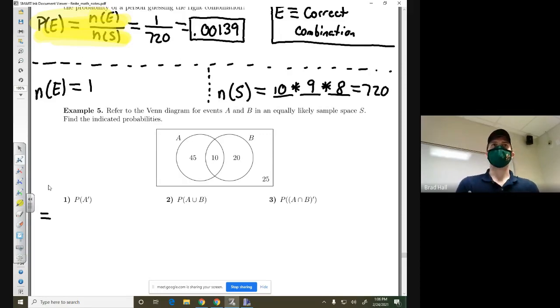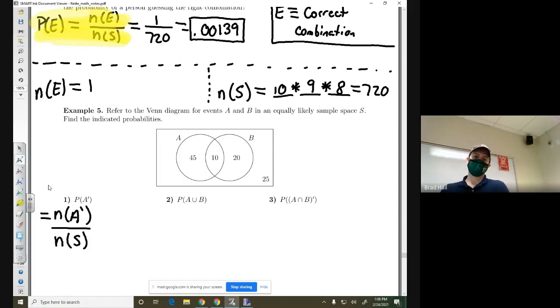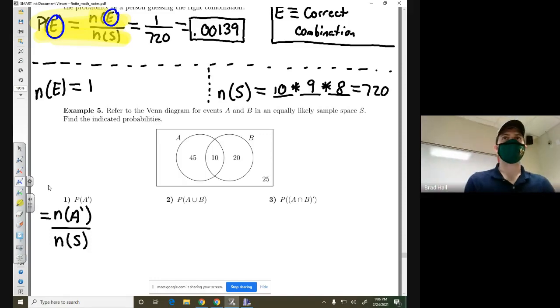The way I'm going to modify it for this problem, the number of elements in whatever that inside set is, divided by the number of elements in total. So notice wherever the E is at, that set pops up as the first number we're trying to find. Since they specified the set, then I'm just going to go along with what they say.